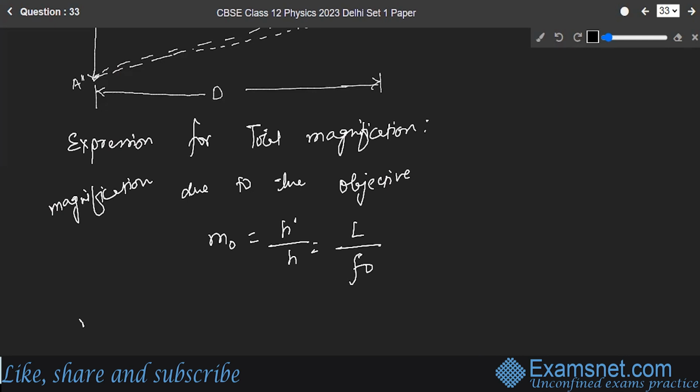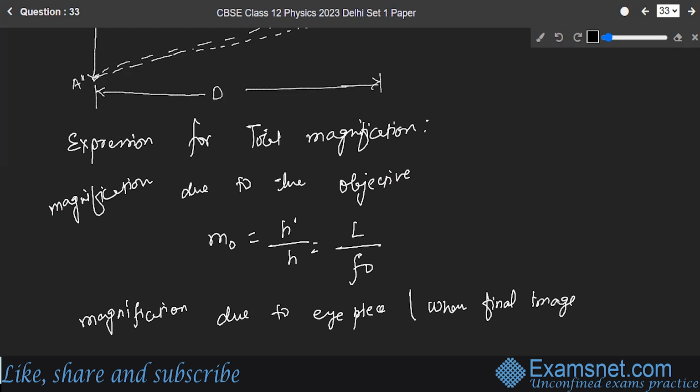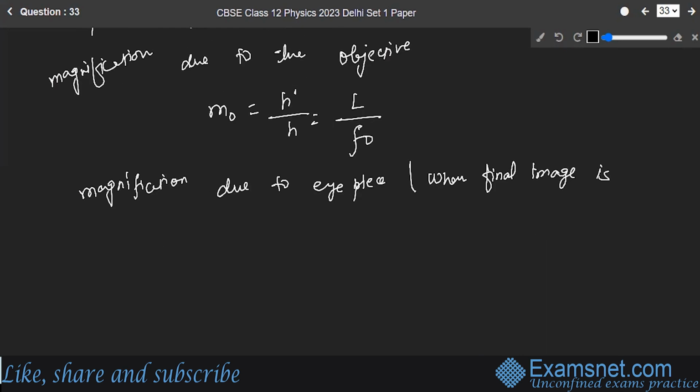Also the magnification due to the eyepiece, when the final image is formed at the near point, this is M_E equal to 1 plus D upon f_E.